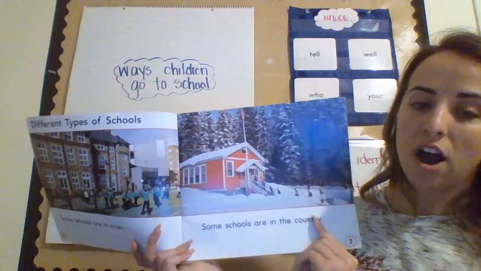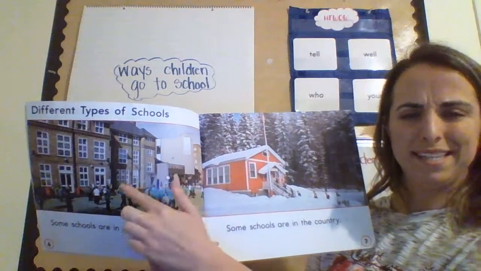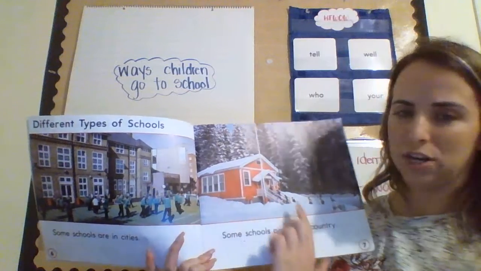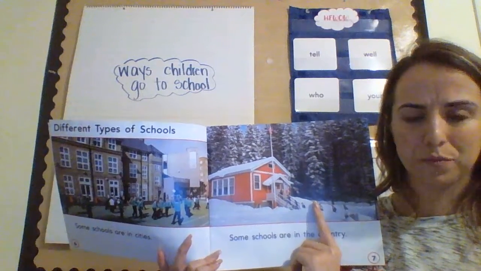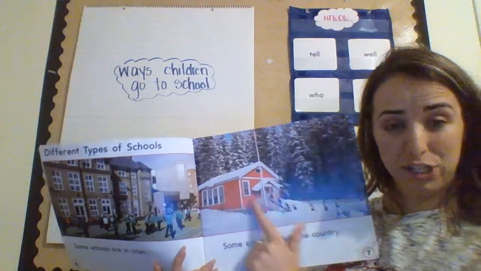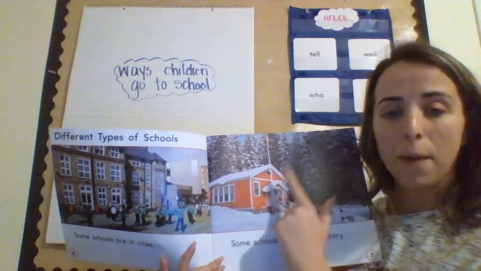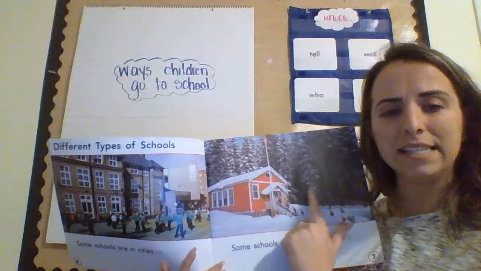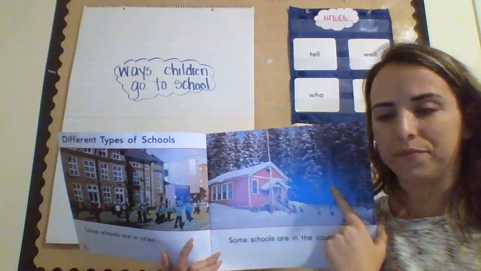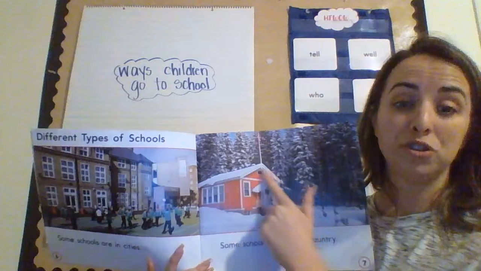Some schools are in the country. What is different about these pictures? What do you see that's different? If you're thinking snow, yeah, I see snow, but does it snow in cities? It sure does. But what do you see that's different? I see a lot of what in this picture? A lot of trees. Good job.